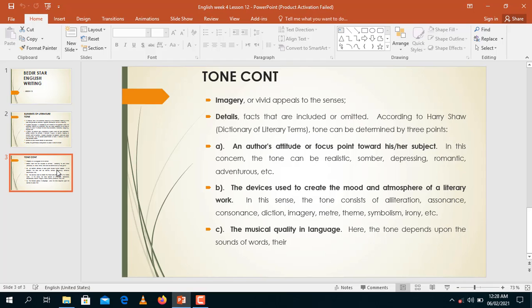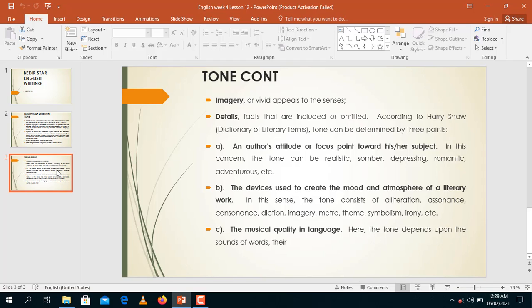In this concern, the tone can be realistic, somber, depressing, romantic, adventurous. So this is what I've been telling you. In simpler terms, an author's attitude or focus point can give us a direction of the tone.